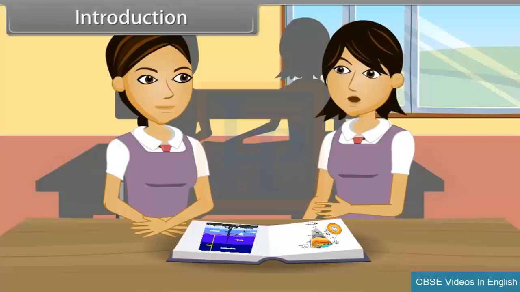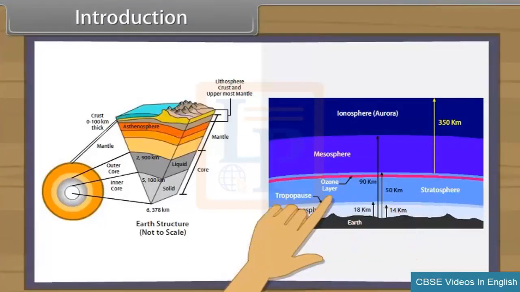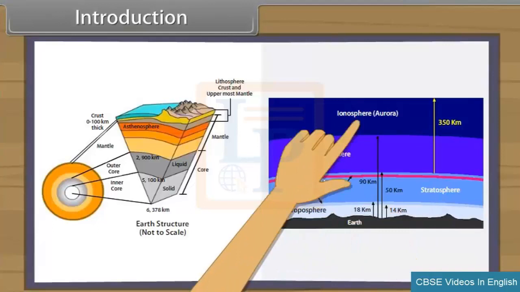Atmosphere includes the gaseous cover around the hydrosphere and lithosphere like a blanket. Atmosphere extends to several kilometers in height from the surface of Earth. It is differentiated into four parts: troposphere, stratosphere, ozonosphere, ionosphere.